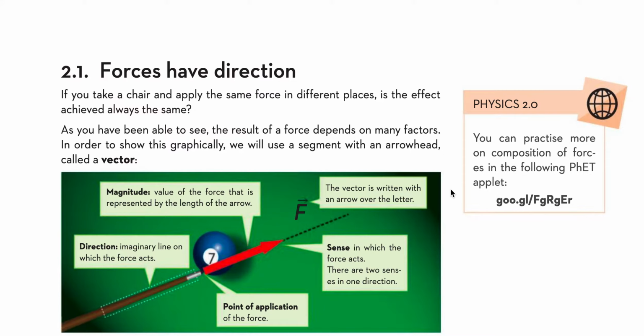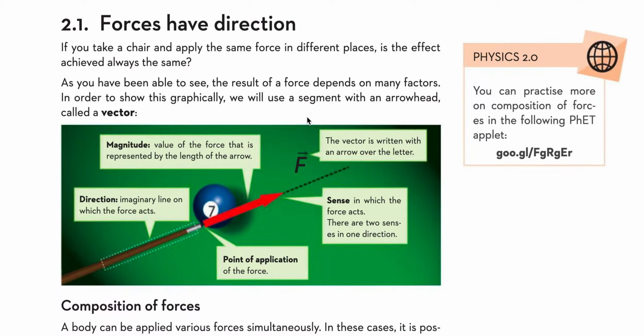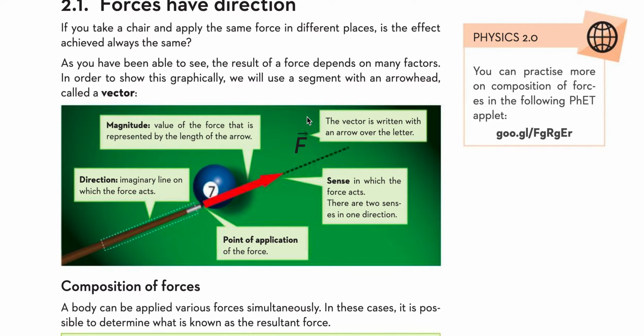Something important to take into account is that forces have direction, and this can be displayed as something called vector. Vector is like an arrow. The length of this arrow implies the magnitude, the value of the force.